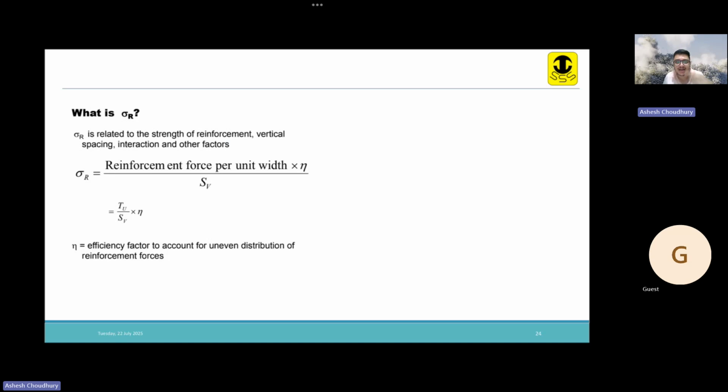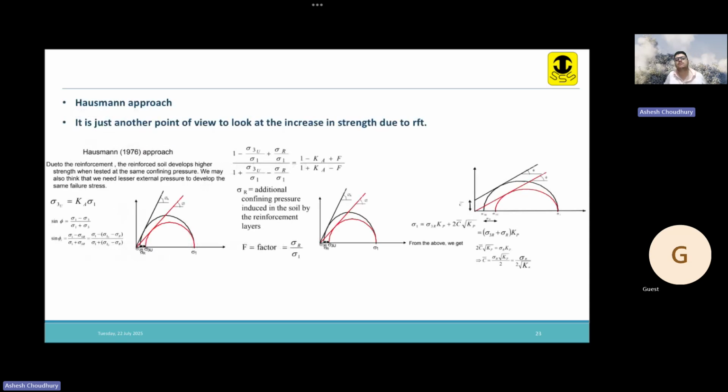Now, what is sigma r? It is the confinement induced by the reinforcement. This sigma r is directly related to the strength of the reinforcement, the vertical spacing of the reinforcement, the interaction between the reinforcement and the soil, and other factors. So sigma r is the reinforcement strength per unit width, Tu, times eta by Sv. Eta is the efficiency factor to account for unequal distribution.